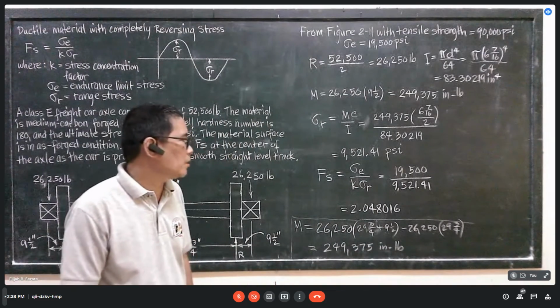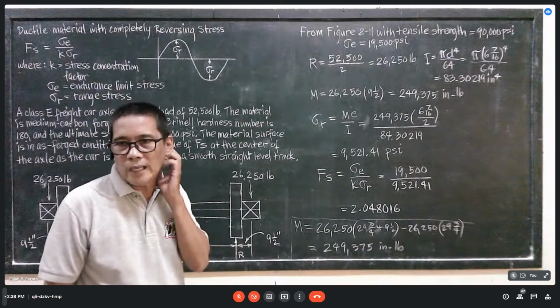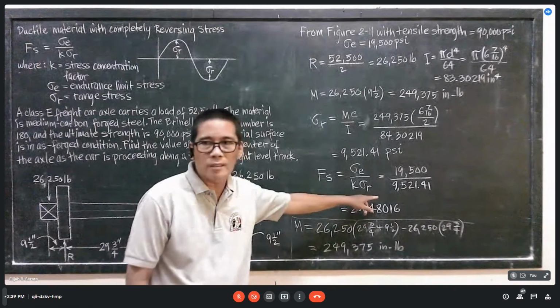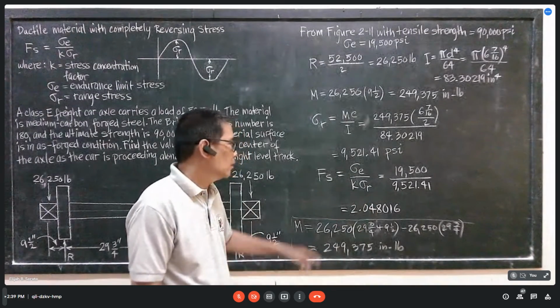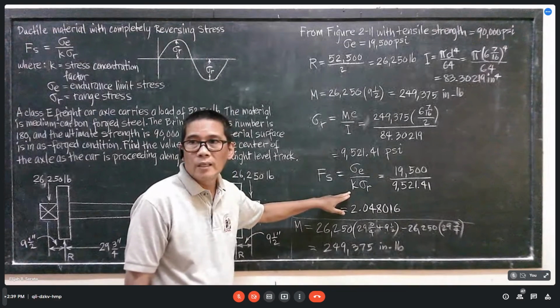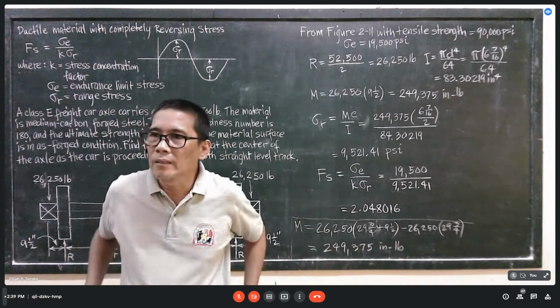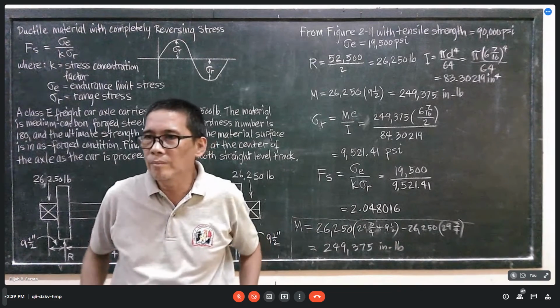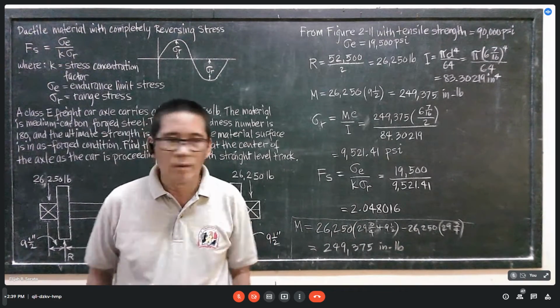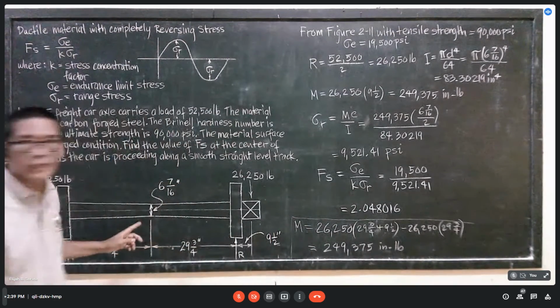So of course, your factor of safety is the endurance limit over the range stress. Our range stress is 1 because there is no abrupt change of cross section. It is not specified here that it suddenly becomes smaller.